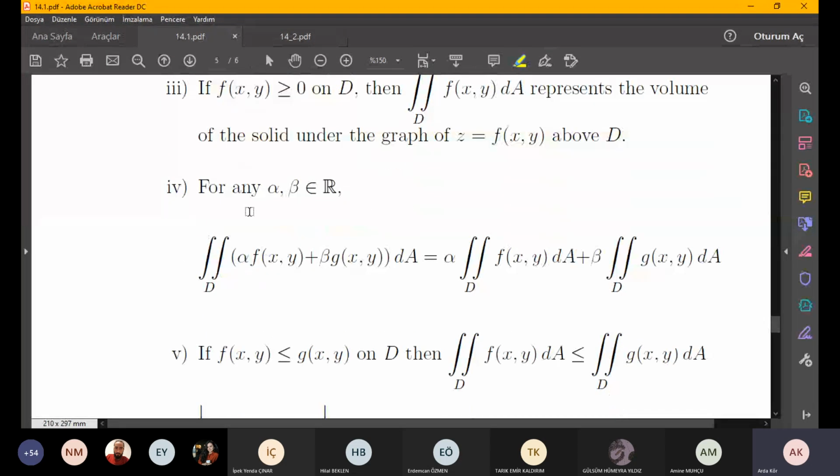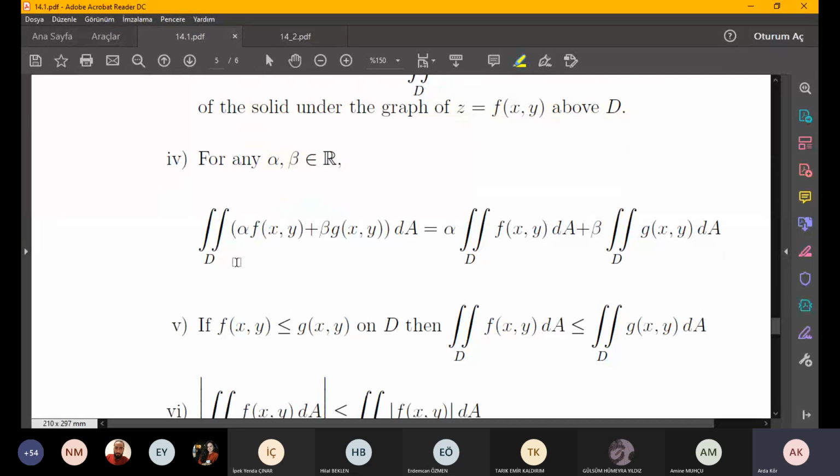For any constants alpha and beta, we have this. If you remember, we have the same property for the definite integral of functions of one variable. Here it can be extended to functions of two variables.